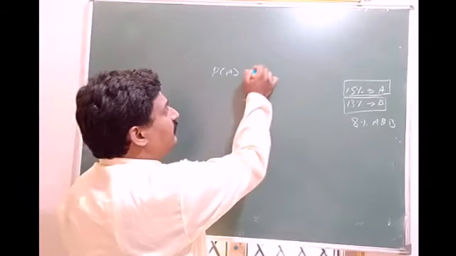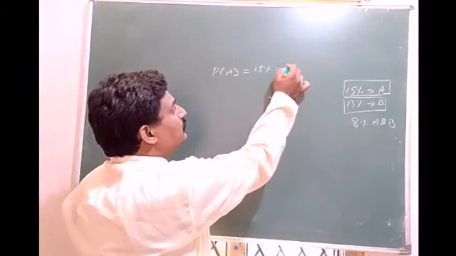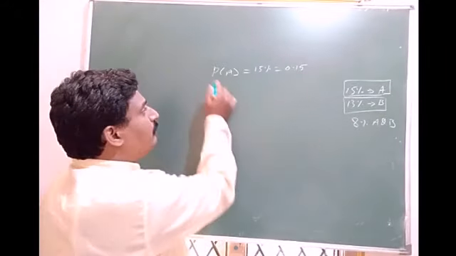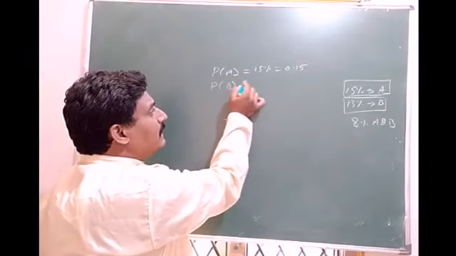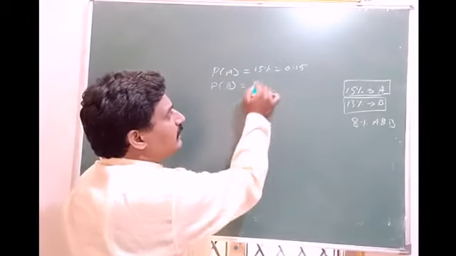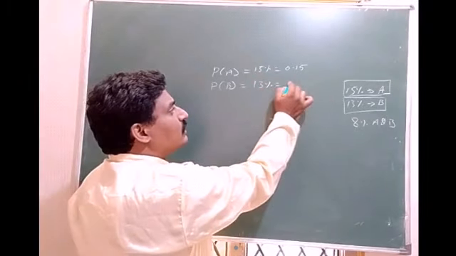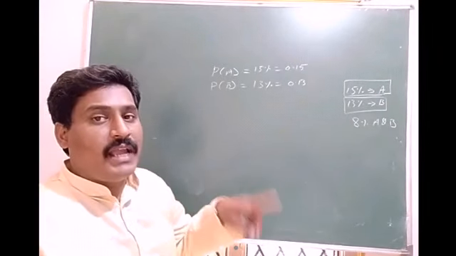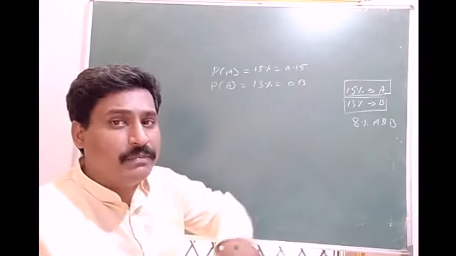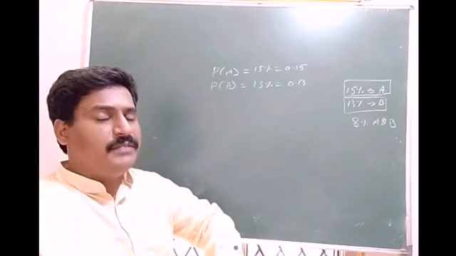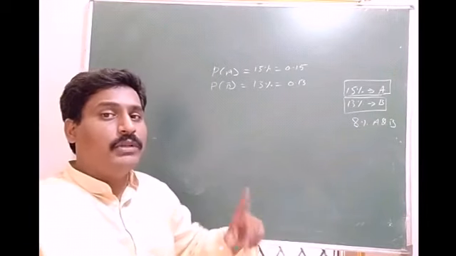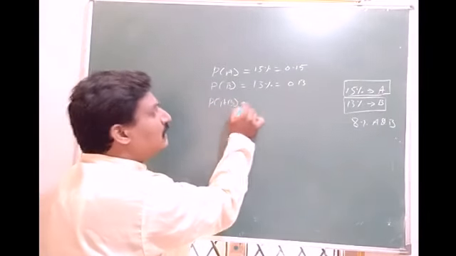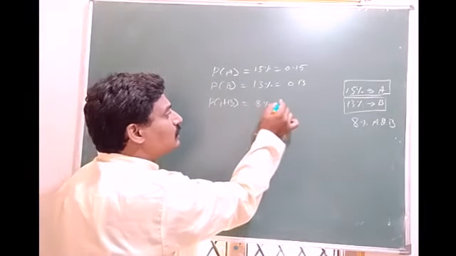And probability of B newspaper readers is 13%, that is equal to 0.13. And P of A intersection B, those who read both A and B newspapers, is 8%, or 0.08.